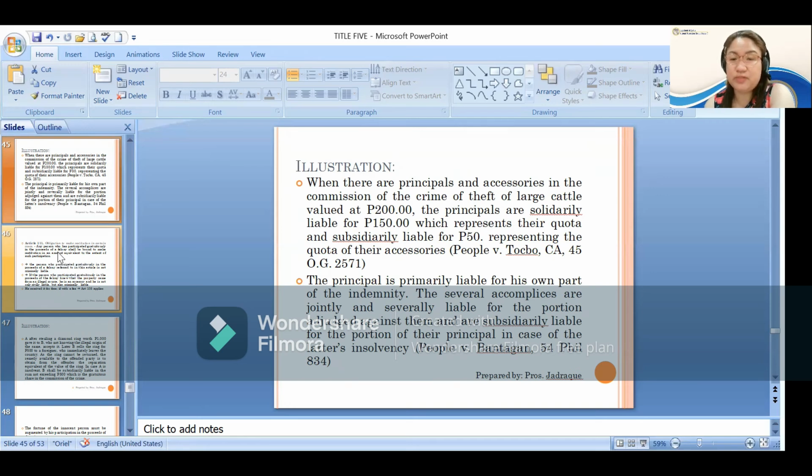So that is People versus Tukbo. The principal is primarily liable for his own part of the indemnity. As far as the accomplice or the accessory, he shall be subsidiarily liable. And on the part of the accessory or accomplice, they are principally liable for their own share, and they are subsidiarily liable for the share of the principal.